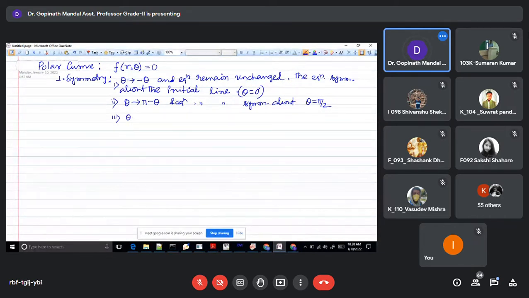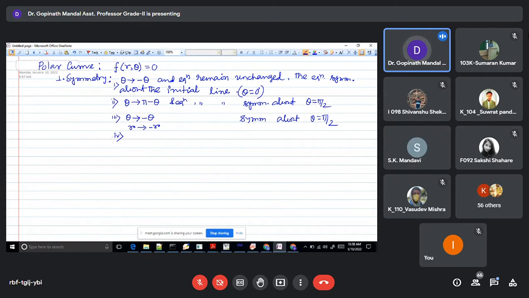Third is, if theta is changed by minus theta and r is changed by minus r and the equation remains unchanged, then it will be symmetric about theta equal to again pi by 2.